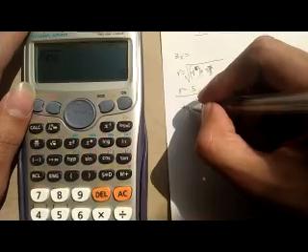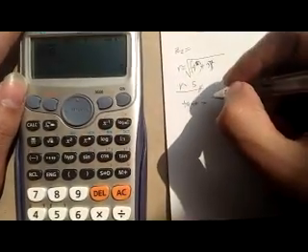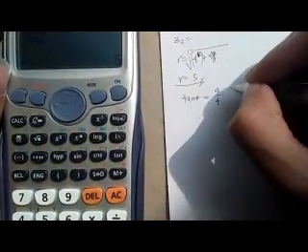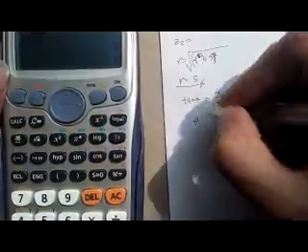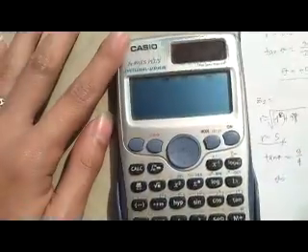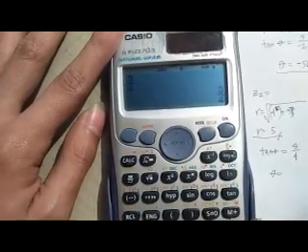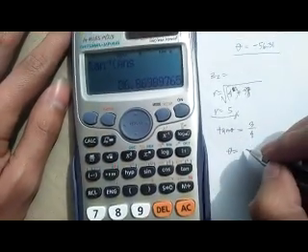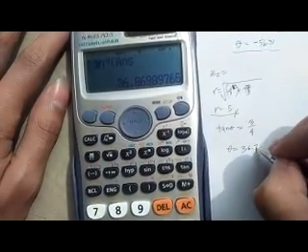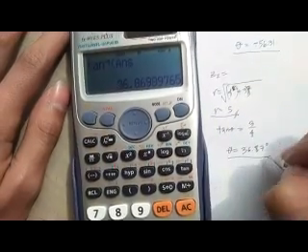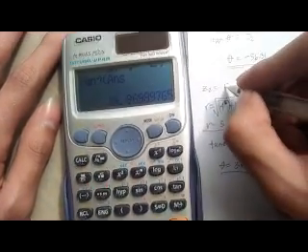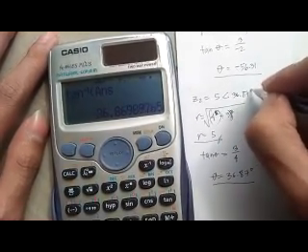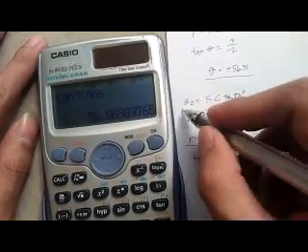And solving the angle, tan theta is equal to 3 over 4. Theta is equal to 36.87 degrees. So z2 is equal to 5 angle 36.87 degrees. So we already have z2.